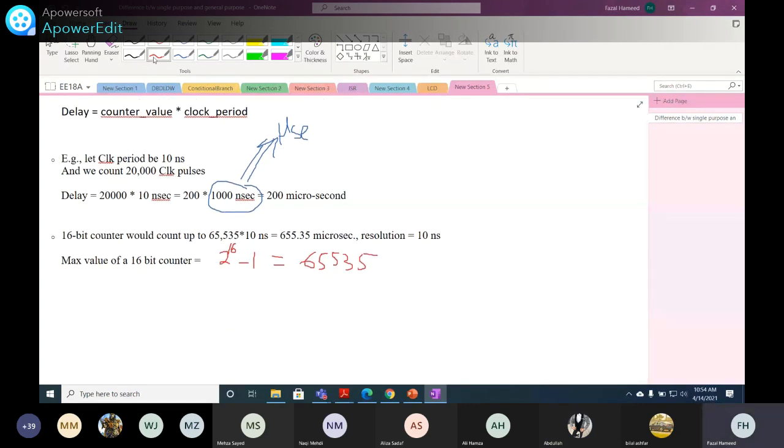Okay. So what is the maximum delay you can model with a 16-bit counter?